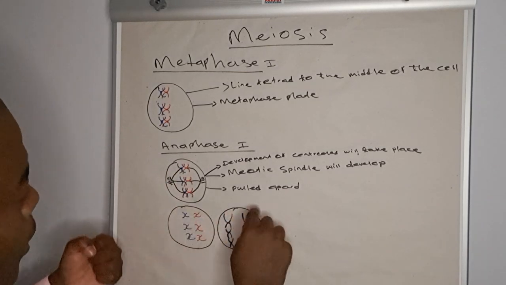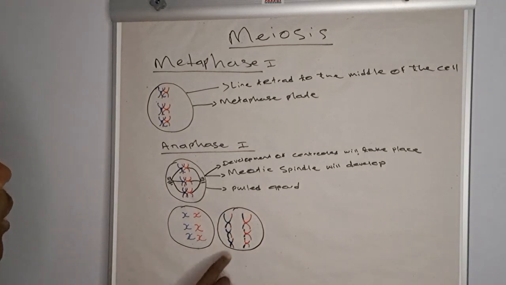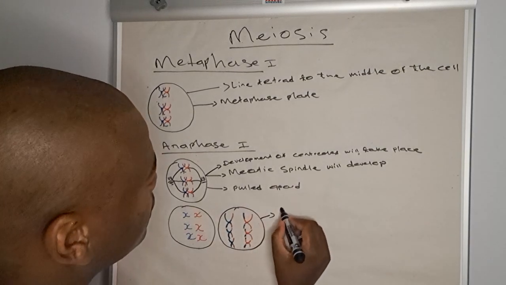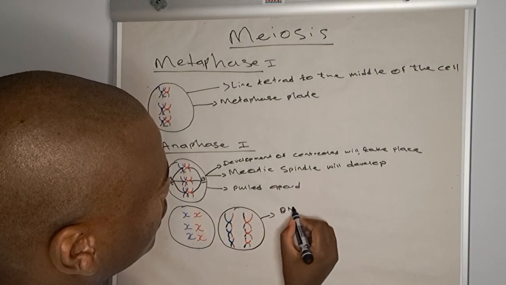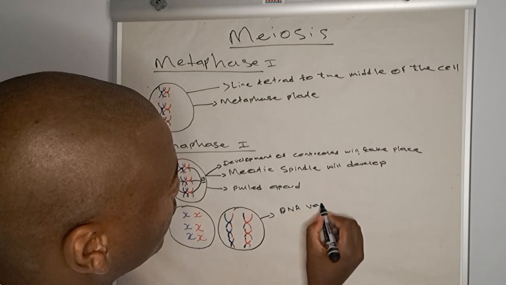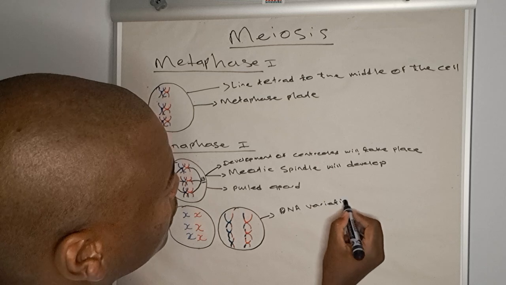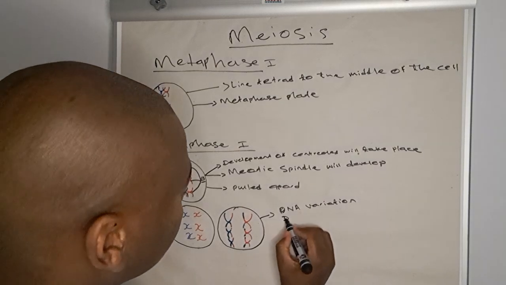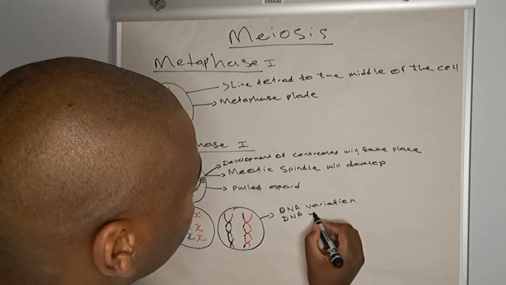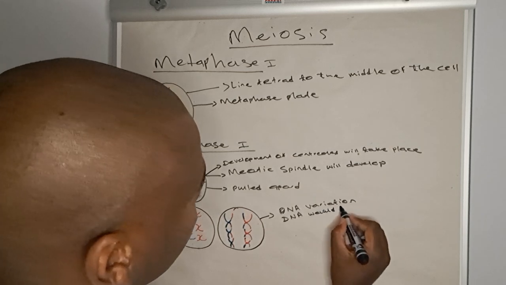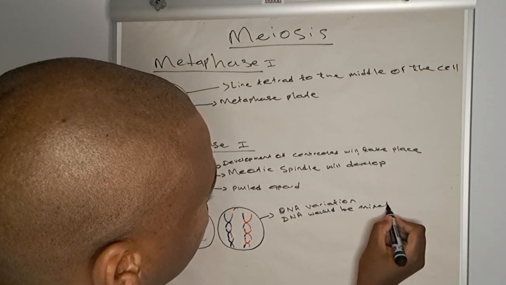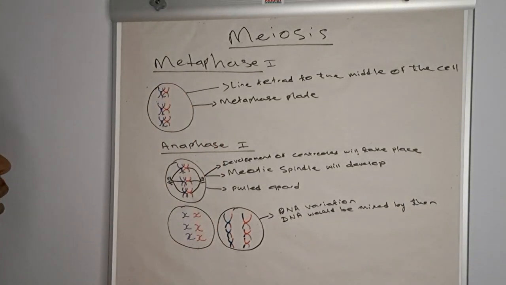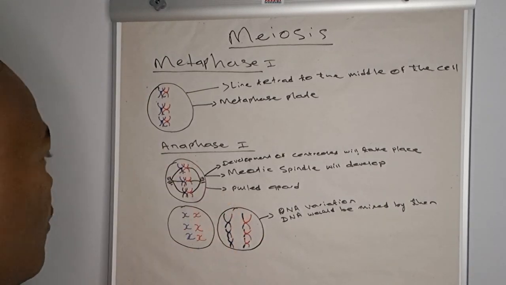Now, when the pulling apart process takes place, there are going to be genetic variation and DNA diversity, meaning that DNA will be mixed by then. This is now the process of this particular anaphase.